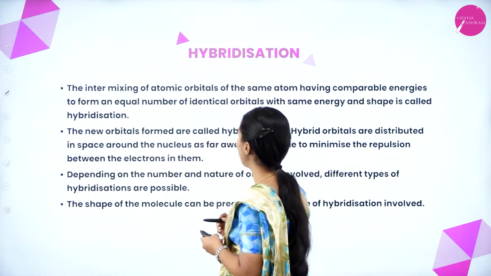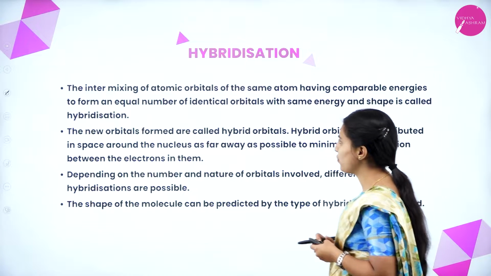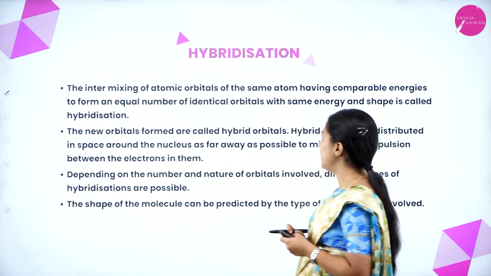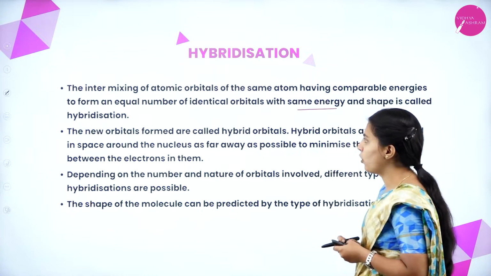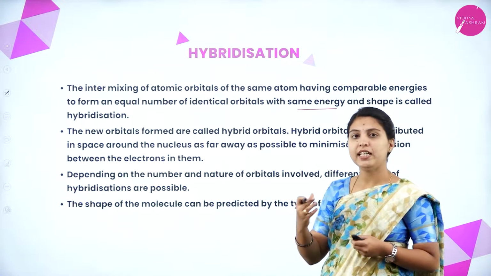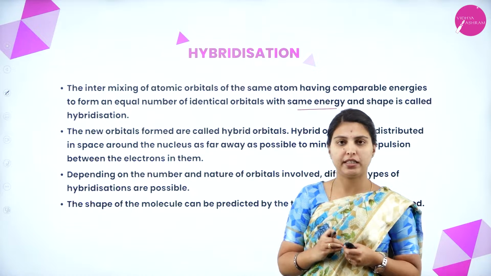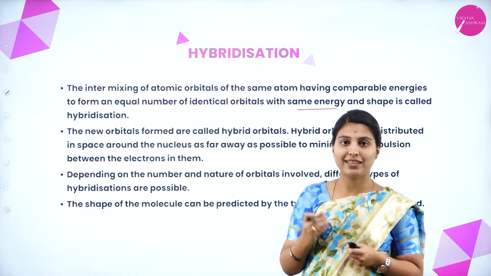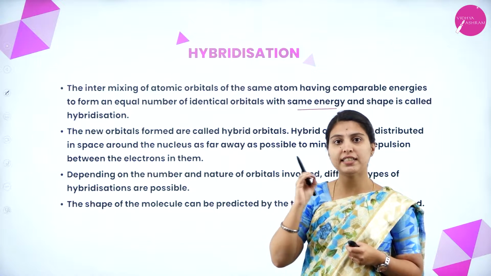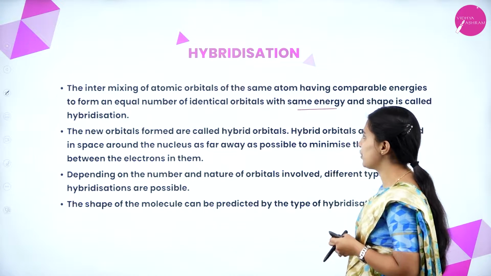The intermixing of atomic orbitals of the same atom having comparable energies to form an equal number of identical orbitals with the same energy and shape is called hybridization. Intermixing of atomic orbitals means they should be present in the same atom. If it is carbon, we write 1s2, 2s2, 2p2. Different atomic orbitals present in the same atom get intermixed, having comparable energies.